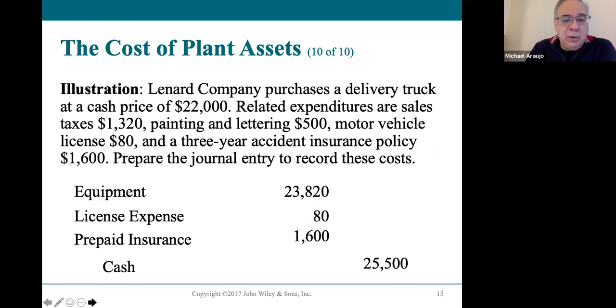So in terms of how it would look in the books, the journal entry for this Leonard company, their equipment account would be debited by $23,820. That's the amount of the truck plus the sales tax plus the lettering. The license would simply be an expense because it's not for the truck, it's for the person who drives the truck. And prepaid insurance is going to get the debit every time you buy insurance, regardless of what you buy it on.